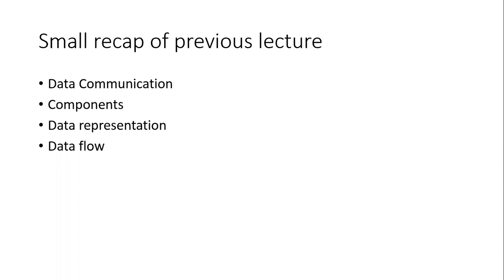Okay, welcome back. Let us see the last class, what we have seen. So what is data communication, and what are the components of data communication, and how we represent the data communication, and then what are the various methods used in the flow of the data, that is the simplex, half duplex and full duplex.